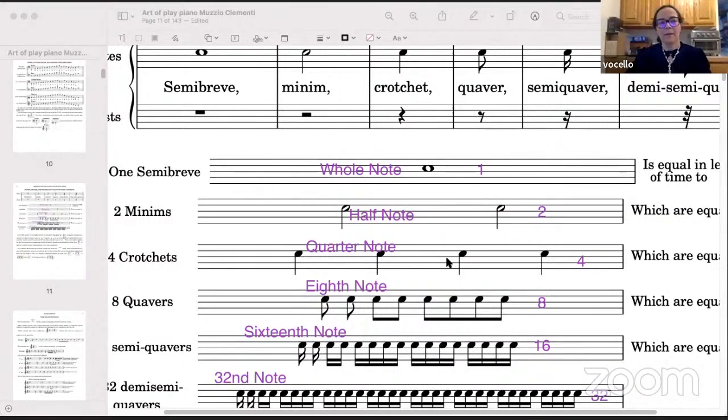Let's see. Also 1, 2, 3, done. Now let's see a different pace, a different tempo.